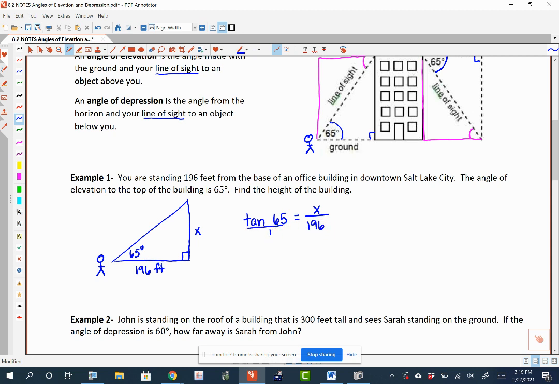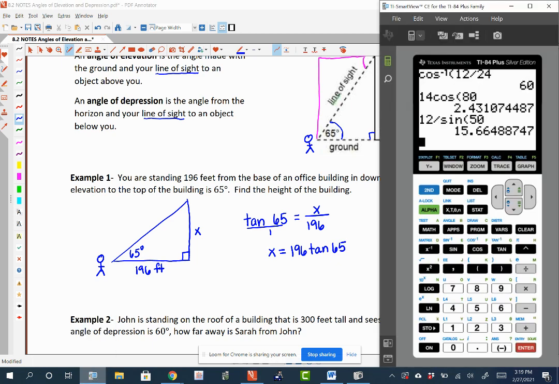I'll still solve it with a proportion, 1 times x, and then I have 196 times the tangent of 65. The tangent of 65 is stored in my calculator, so I'm going to take 196 times the tangent of that angle.